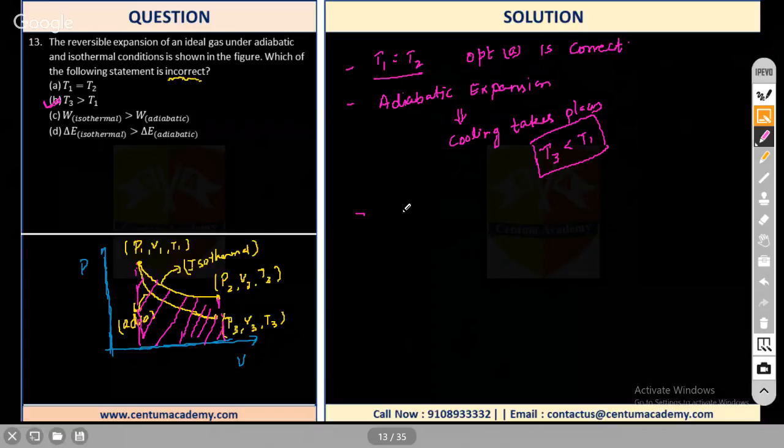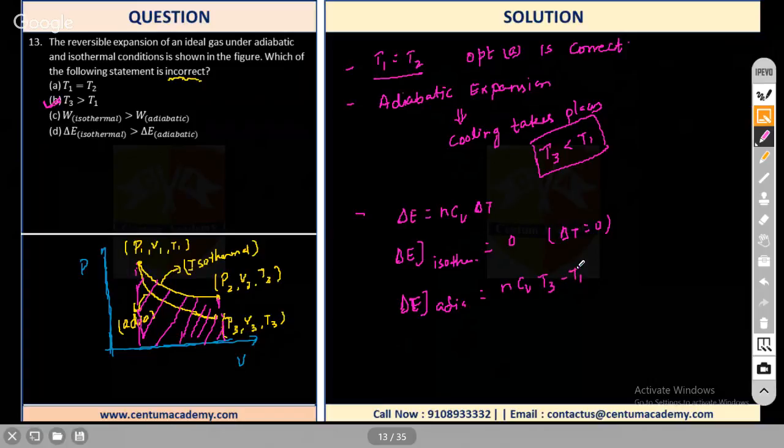Change in internal energy. How do we find this? We know the change in internal energy is equal to nCv delta T, right? So change in internal energy for the isothermal process will be zero because delta T is zero. And for the adiabatic process, it will be nCv times T3 minus T1.